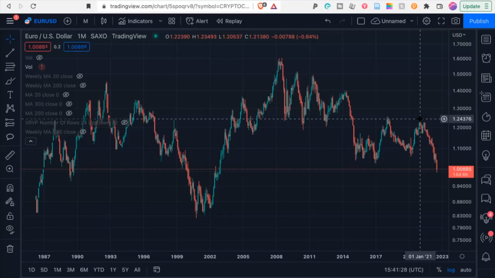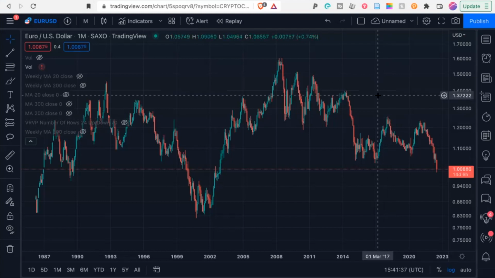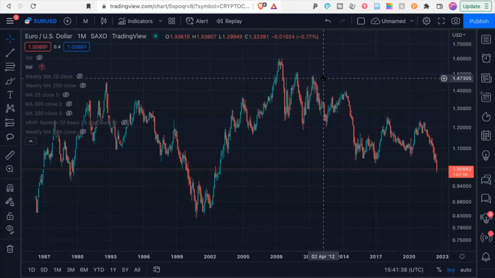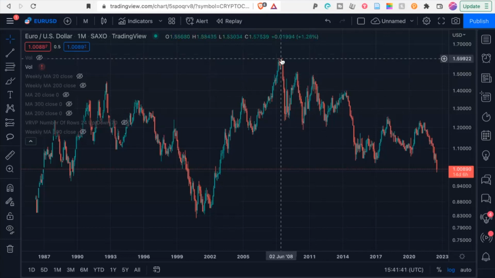And even then, it made a lower high than the previous high back in February of 2018, let alone the previous highs in 2014 and 2011, 2009, and of course 2008. So, guys, the euro looks bearish.